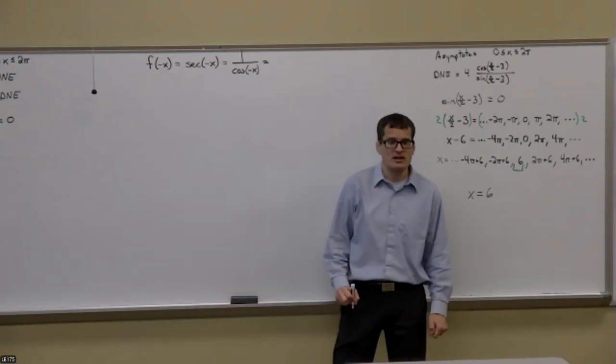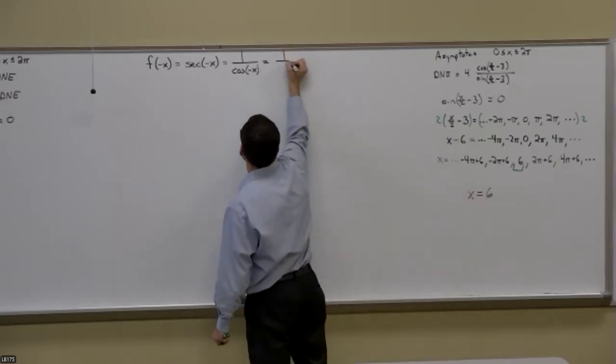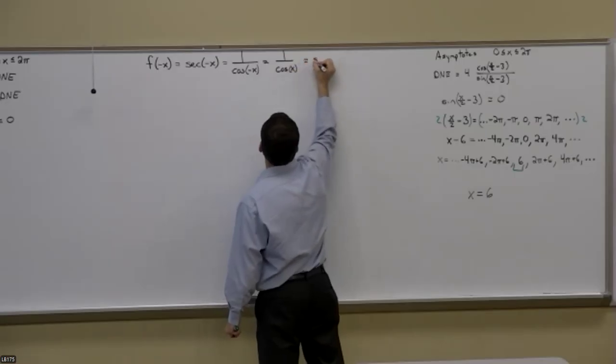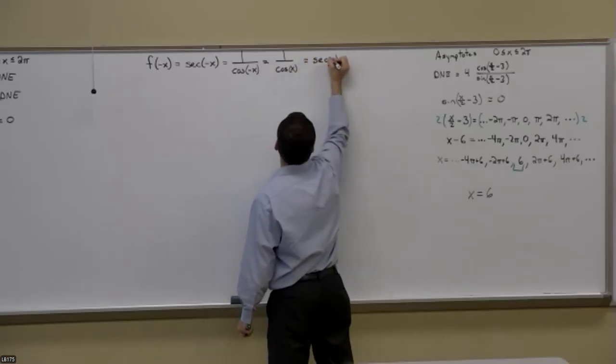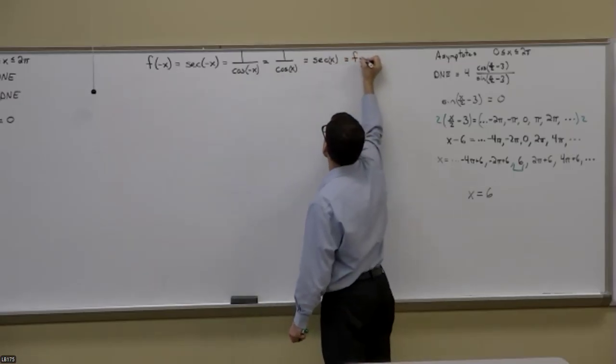Cosine is even, so cosine of negative x gives me just the same thing as cosine of x, which is the secant of x. So that's what I get when I plug in a positive number into my function.